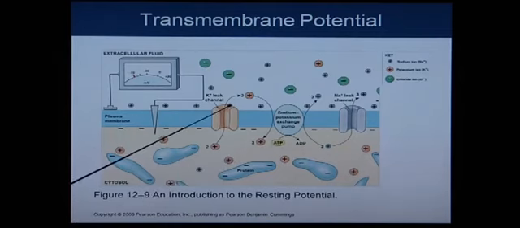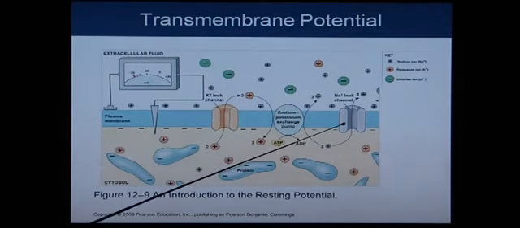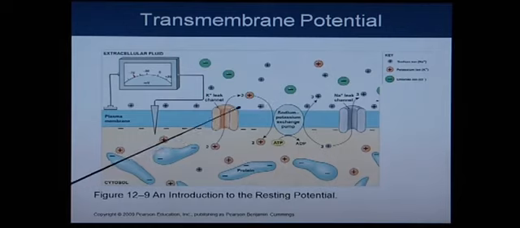If you focus in here, you can see that this one is labeled as a potassium leak channel, and this one's labeled as a sodium leak channel. So sodium will be slowly leaking through here all the time, and potassium is slowly leaking through here all the time. Now, the leaking is caused by the difference in concentration gradient.